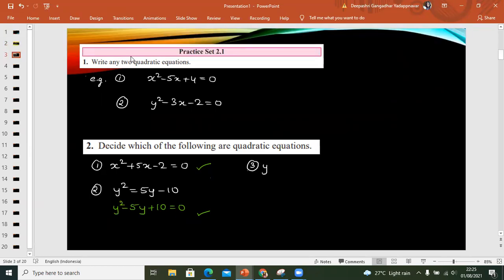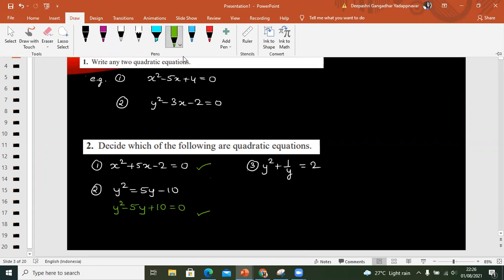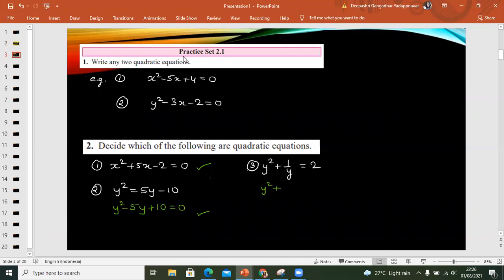The third question here is y square plus 1 divided by y equals 2. You have to identify whether this is a quadratic equation or not. Let us try to solve this first to see whether this is a quadratic equation or not. This is y square. This 1 by y is like 1 by y power 1. We don't write that 1. So it is like 1 divided by y power 1.